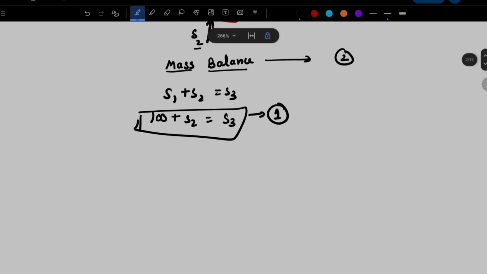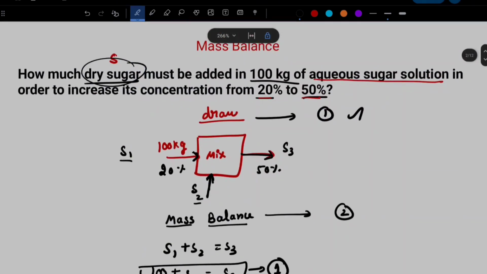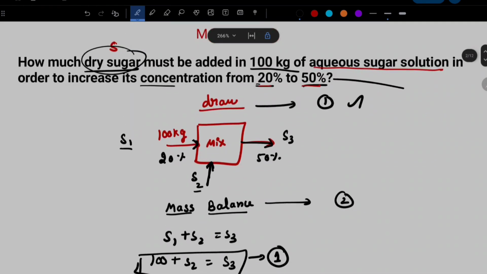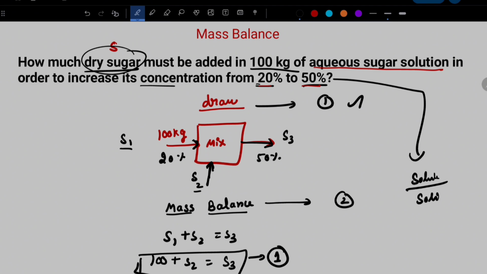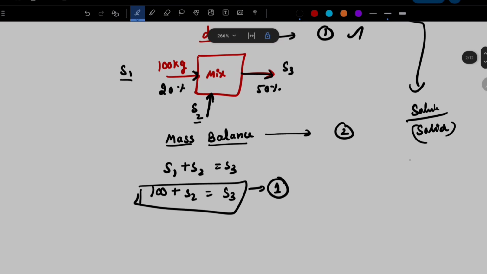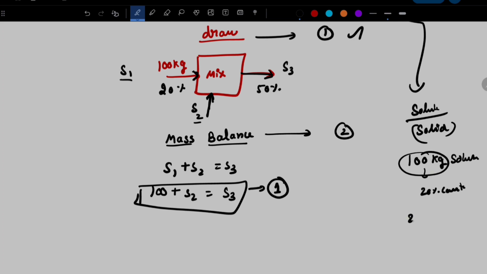Now, what is the second thing which is given? It is given the concentration. You can see this concentration as a solute, or solids. Why? This is a simple example. If I have 100 kg of solution, and in that 100 kg solution I have 20% concentrated sugar, that means in that 100 kg, 20 kg is sugar.